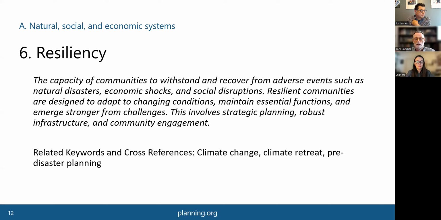And we've got some related keywords that cross over, such as climate change, climate retreat, pre-disaster planning, related to this area of resiliency.